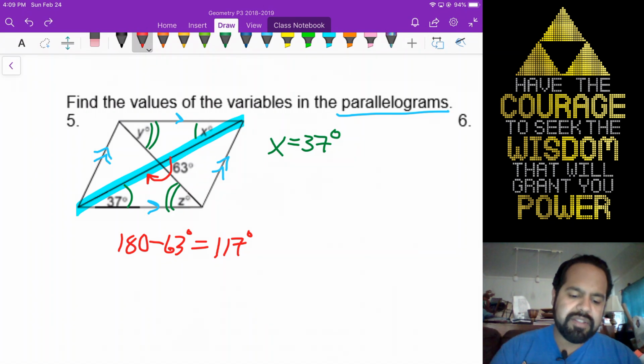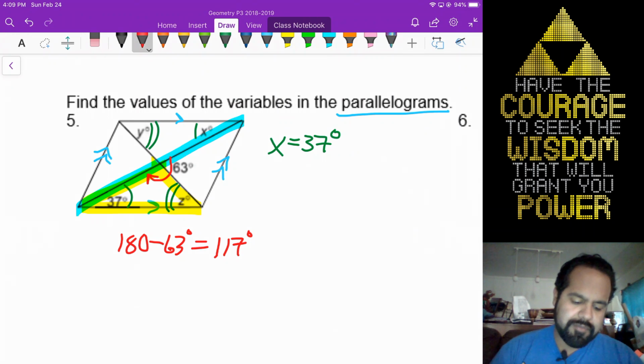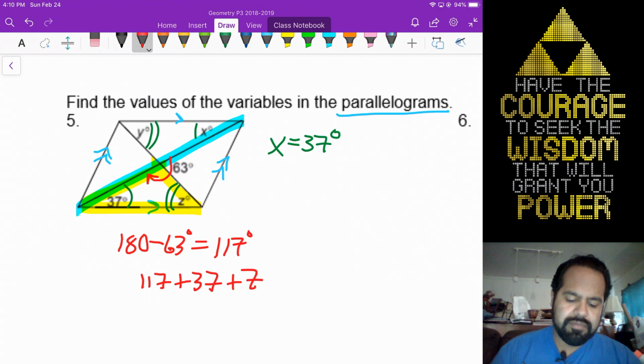So I'm going to look at this as a triangle, and all 3 angles have to add up to 180 degrees. So 117 plus 37 plus z equals 180. So 154.